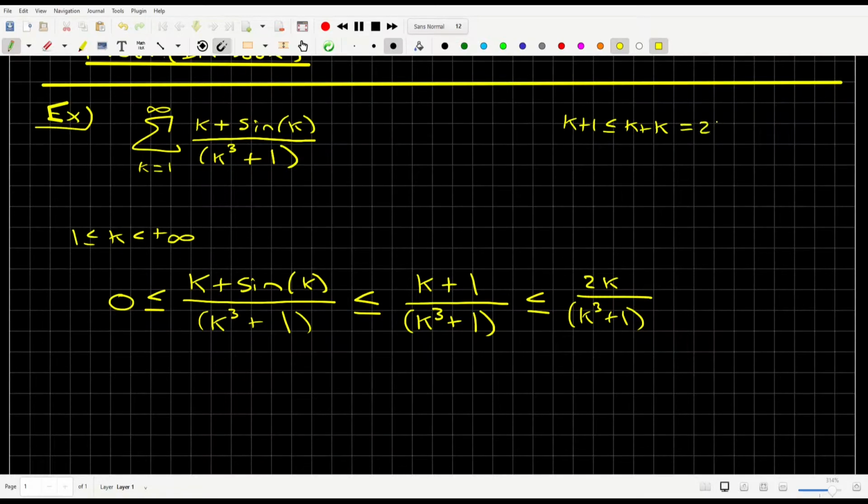And so finally here, 1 over (k cubed plus 1) will always be less than or equal to 1 over k cubed, because k cubed plus 1 is larger than k cubed. So 1 over (k cubed plus 1) will be smaller than 1 over k cubed. And so finally, this thing right here is going to be less than or equal to 2k over k cubed, which is equal to 2 over k squared.